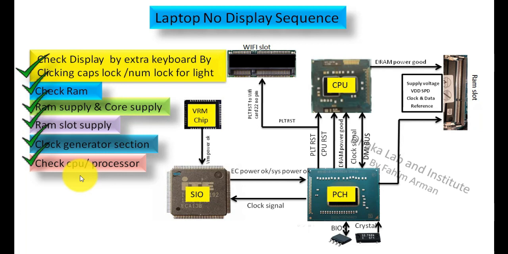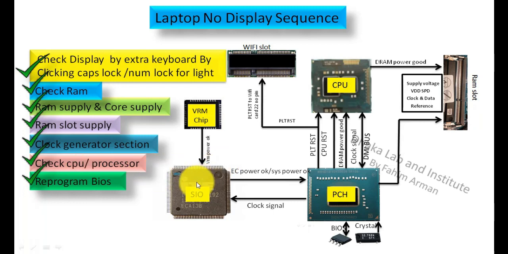If it is not built in, then you can change your processor. And then if you still have this problem, then you can reprogram your BIOS. If you reprogram your BIOS, then the problem may be solved. Then again after that I'll discuss more about laptop no display problem.